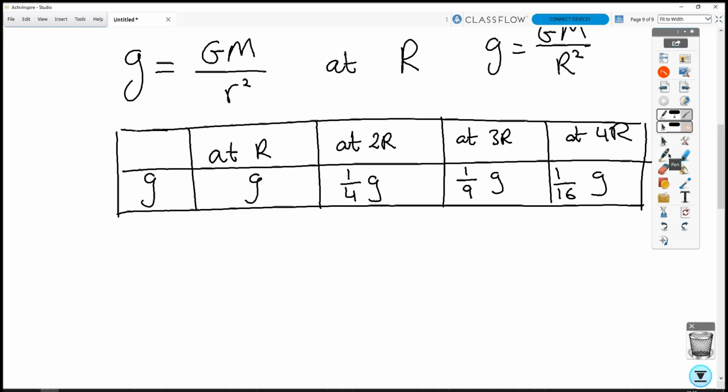We can visualize this as field lines. Now on the surface of the Earth, if you were to just draw a flat surface and you drew the gravitational field lines, you simply draw parallel lines that are equidistant from each other.